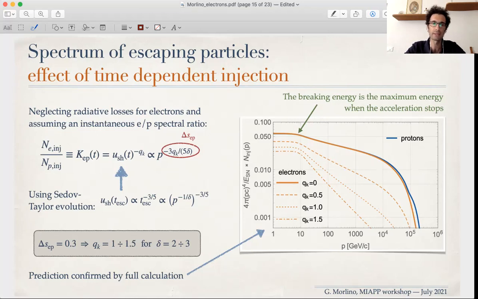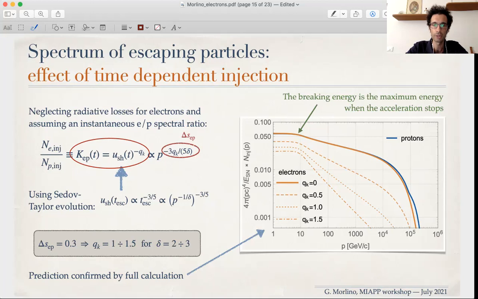And we assume this equation, that the ratio between electrons and protons is proportional to the velocity of the shock to some negative power law. So essentially we are assuming that our electrons are more easily injected into the shock acceleration when the shock speed is lower. This Qk is a free parameter.